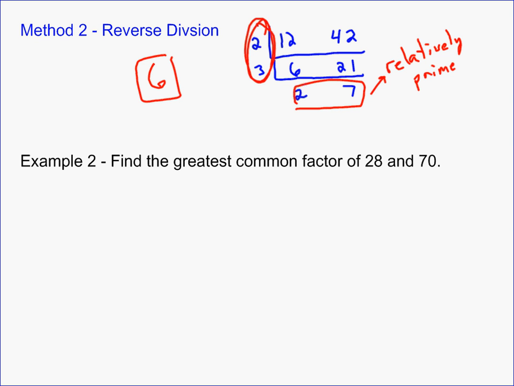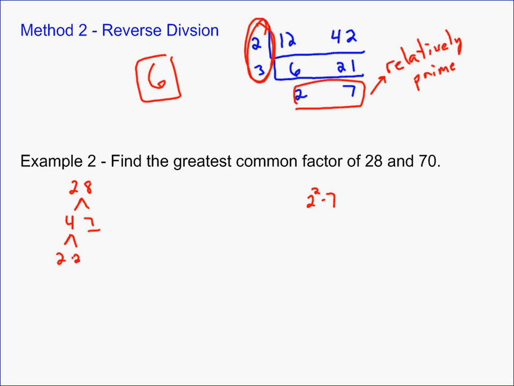So for example 2 here, I'm going to use prime factorization first. So let's do prime factorization to find the greatest common factor of 28 and 70. So we do 28. Well, let's just do a factor tree this time. So for 28, the factor tree would be 4 times 7. 7's already a prime number. 4 is 2 times 2. So our prime factorization of 28, I'll write it over here, is 2 squared times 7.